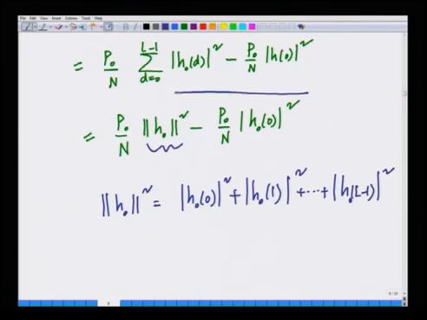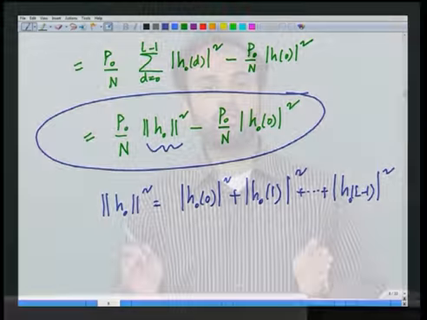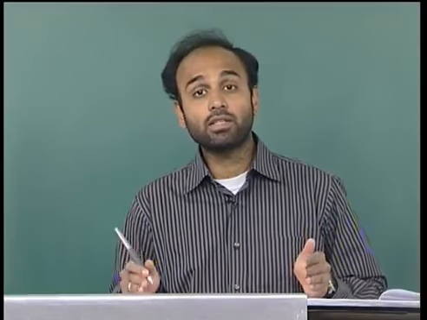So, this is the interference power corresponding to the multipath interference, which consists of the L minus 1 components of the same user.